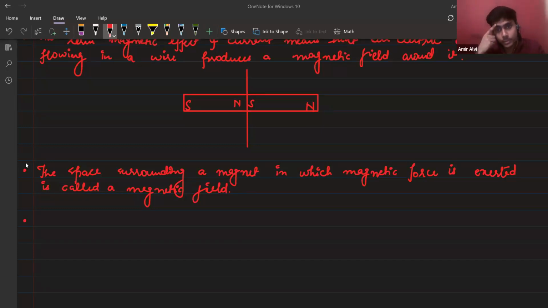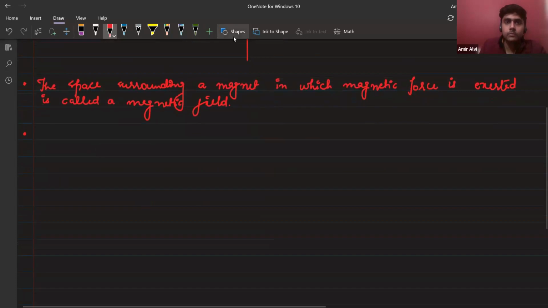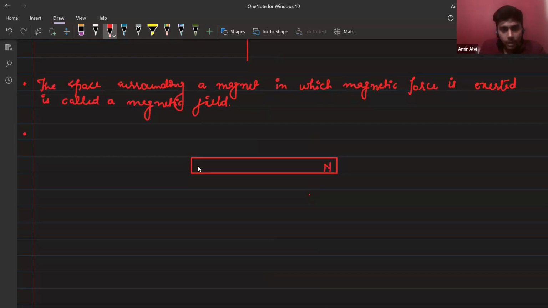So suppose this is the north pole and this is the south pole. The magnetic field travels from north to south, like this.